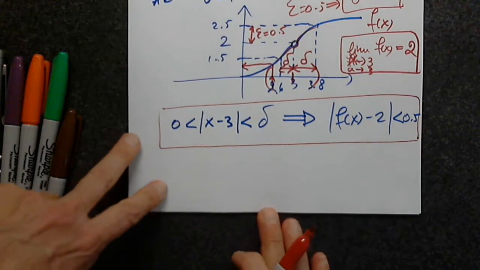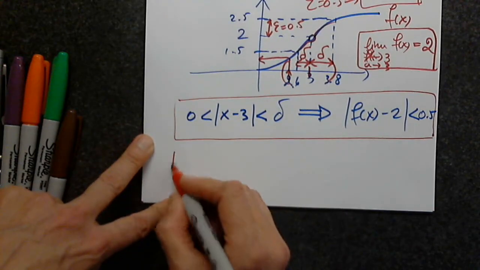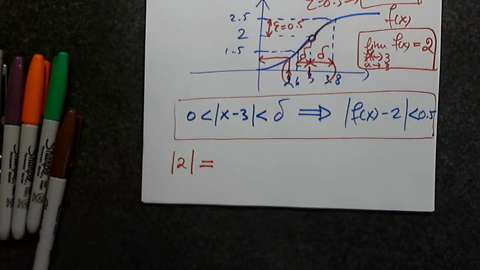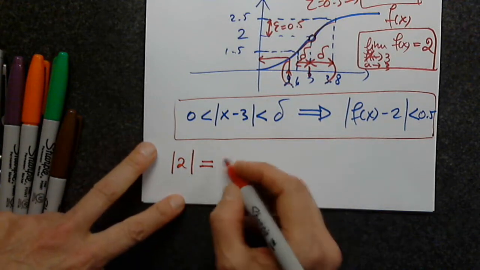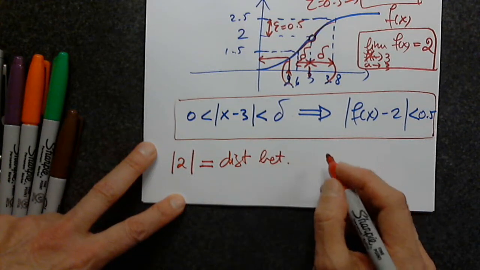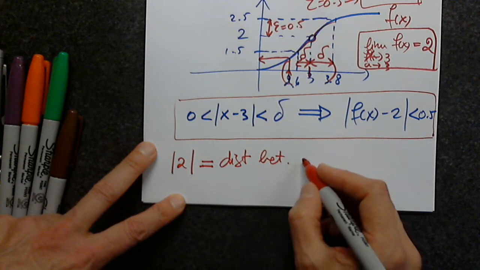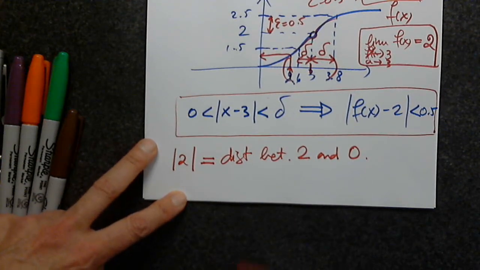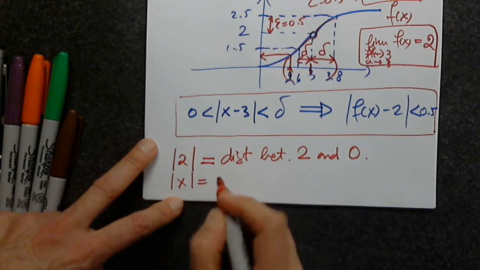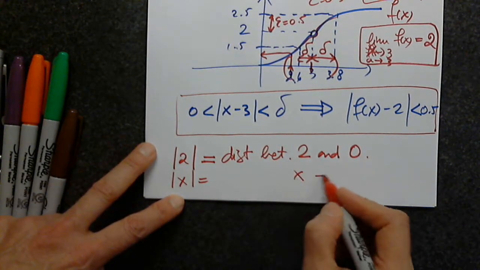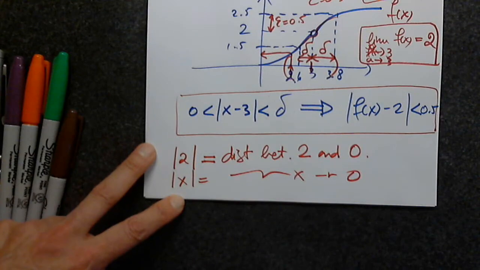Let's discuss that. If I say to you the absolute value of 2, what am I really telling you? I'm telling you that this is the distance between positive 2 and 0. If I say the absolute value of x, what am I telling you? The distance between x and 0. Correct.